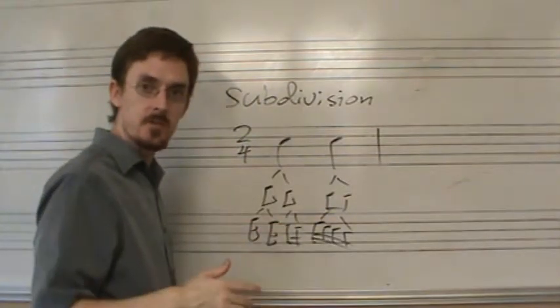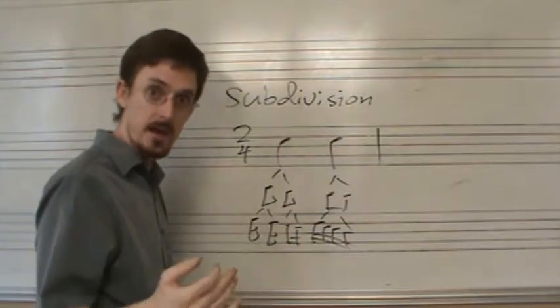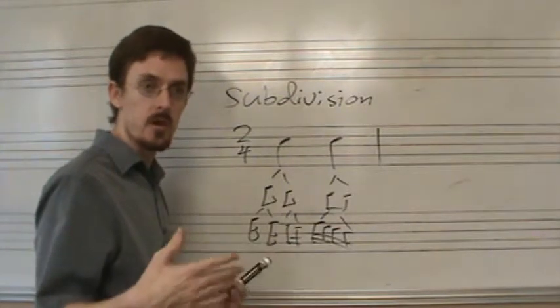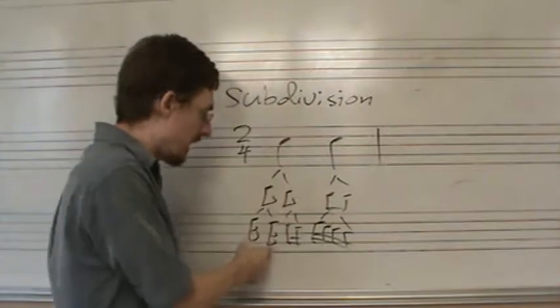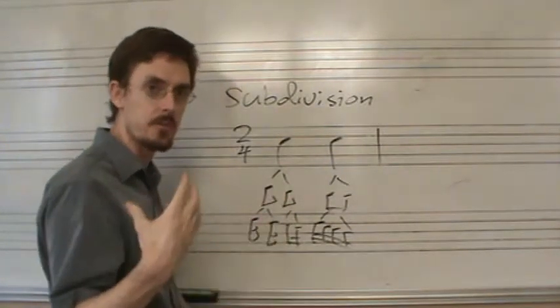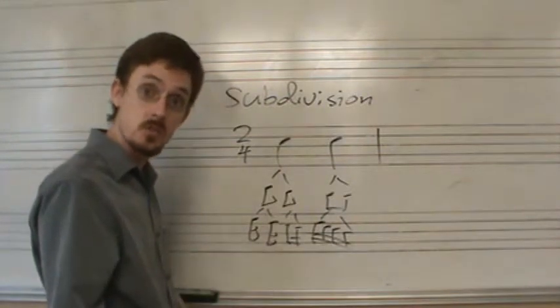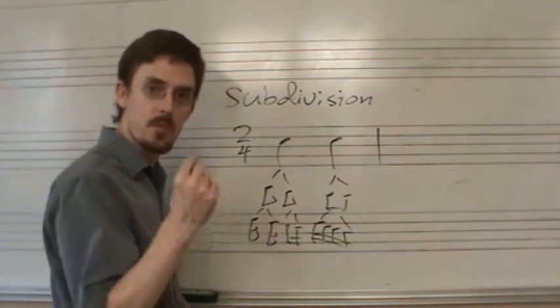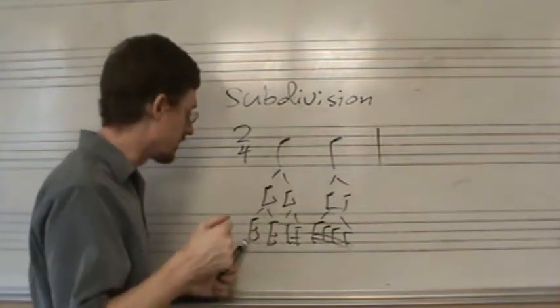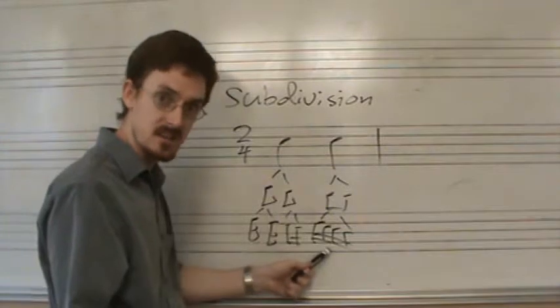So now our subdivided counting system of 1 and 2 and is no longer as effective, because we have smaller note values that we're dealing with. So in your mind, your internal subdivision, you need to be thinking 1 e and 2 e and. Remember the vocal cues we're using for the double subdivision is tiki, tiki, tiki, tiki.